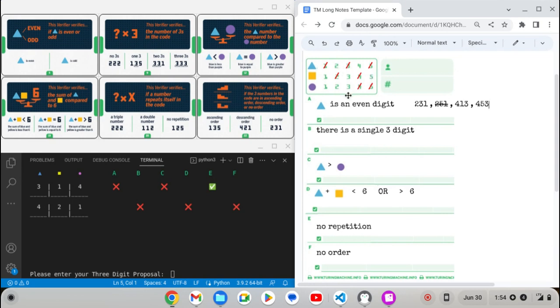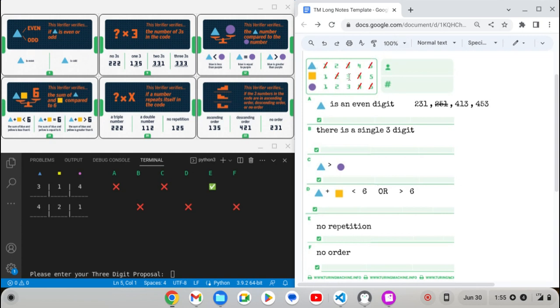Yeah, it can't be 253, because it has to be less than 413. Yep. 412, no, because there is no 3.